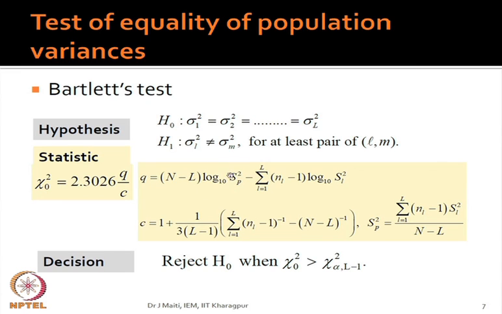So you first require to compute S1 square, S2 square, S3 square, S4 square, like all the individual population variance values. Then you also require to compute the pooled one. This pooled one is given in this equation: sp square equals the sum over L equal to 1 to capital L of (n_L minus 1) S_L square, divided by n minus L. I think you have already seen it in the last class.